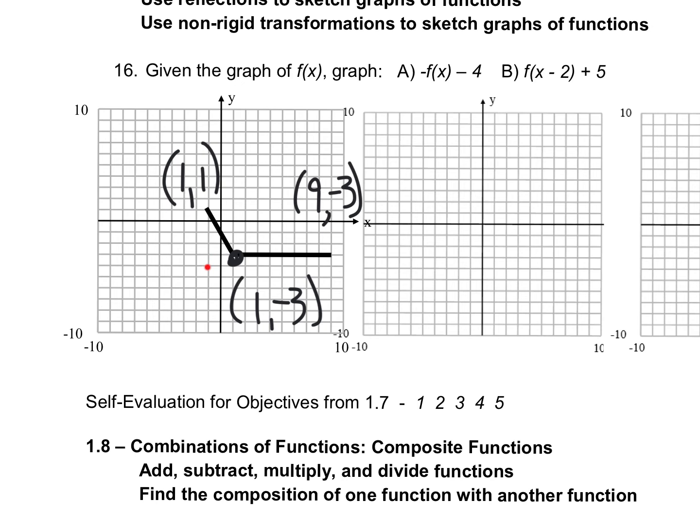1, 2, 3, 4. So I'm starting at 1, 1, and I'm getting reflected to there, and then I'm going down 4. 1, 2, 3, 4. 1, 2, 3. Right there. Here we're reflecting about, again, the x-axis, so up 3 and then up 3 again, 1, 2, 3, but then we're moving down 4, 1, 2, 3, 4.